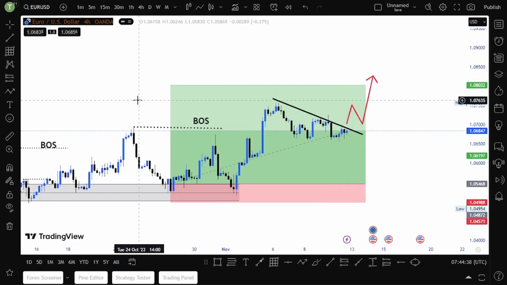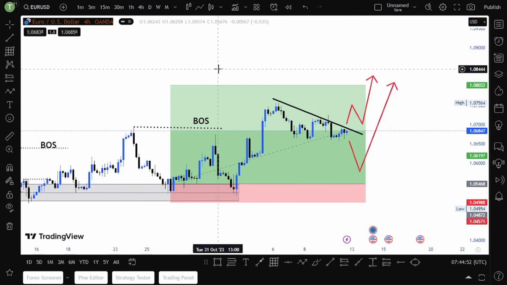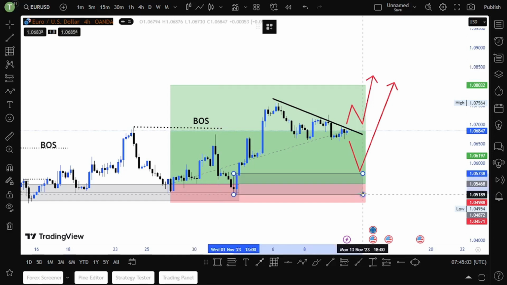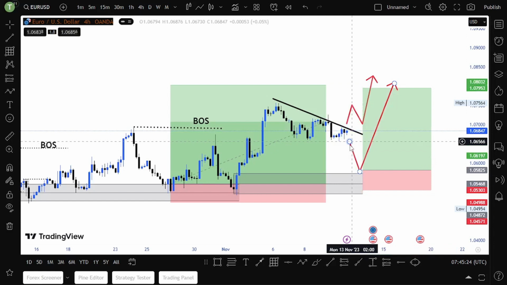Besides this scenario, there is another scenario. We could break down to the downside, grab liquidity, and then we buy. These are the two scenarios that I have on Euro USD, because the DXY, as you can see on the other side, has a possibility of pulling back. So we grab liquidity and then we buy to the downside. As you can see here, there's a lot of liquidity down below, which we call a double top, a double bottom.